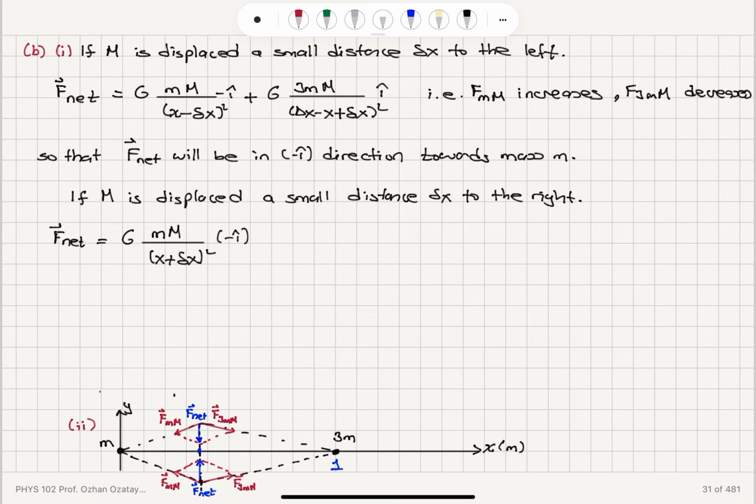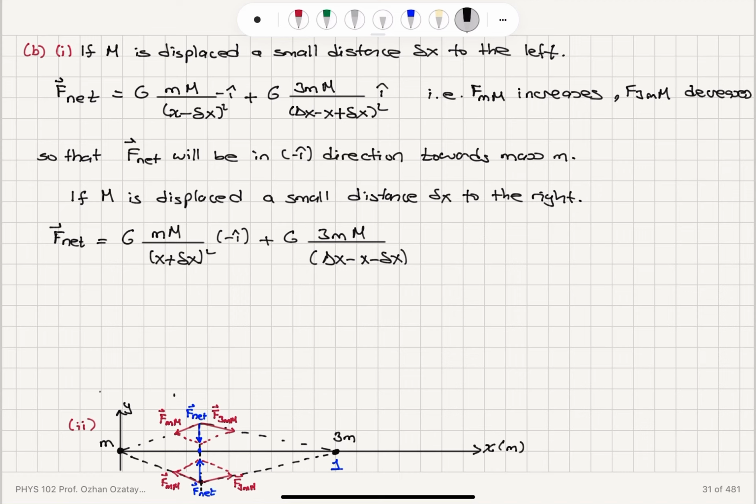And for the force between 3m and capital M, plus G 3m capital M, now I'm decreasing the distance between them from delta x minus x to delta x minus x minus delta x, since it approached mass 3m by an amount delta x.